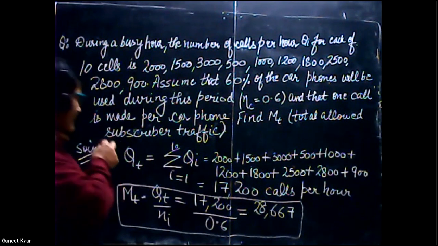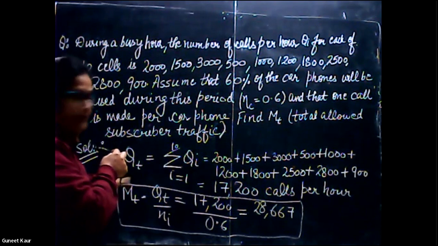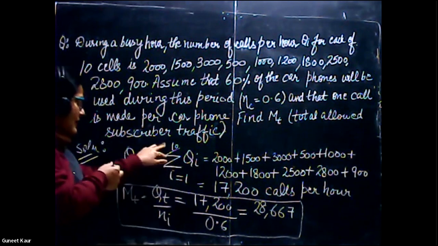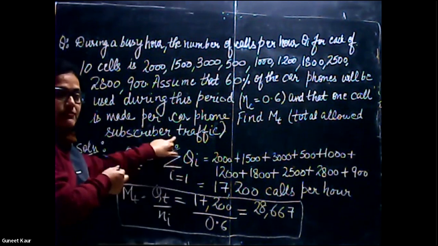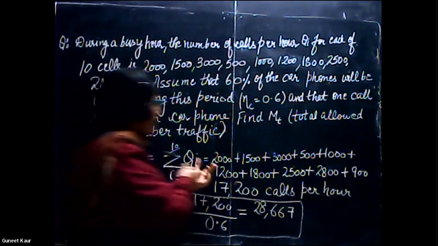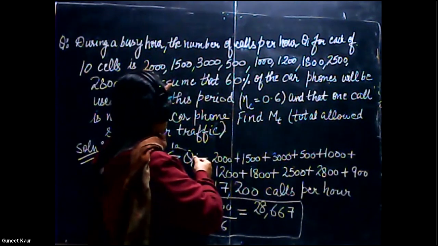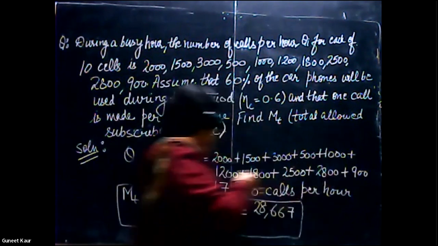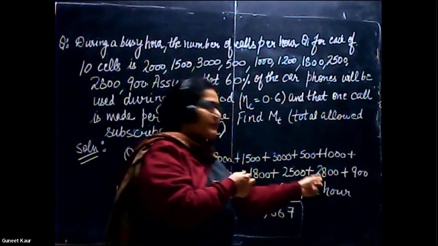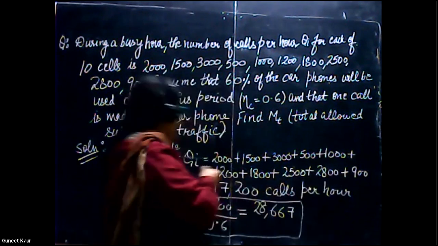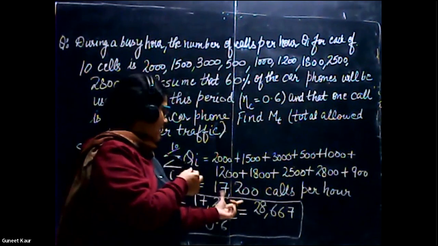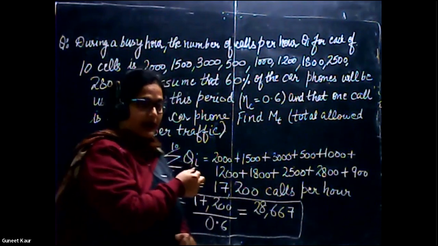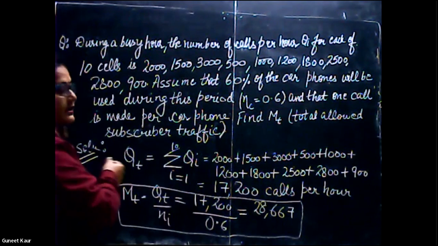For the solution, firstly I have to find Q_T, which is the sum of Q_i for i equal to 1 to 10, because there are 10 cells. Adding the number of calls: 2000 plus 1500 plus 3000 plus 500 plus 1000 plus 1200 plus 1800 plus 2500 plus 2800 plus 900, I get 17,200 calls per hour on these 10 cells.